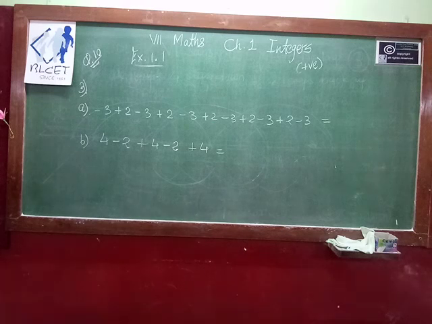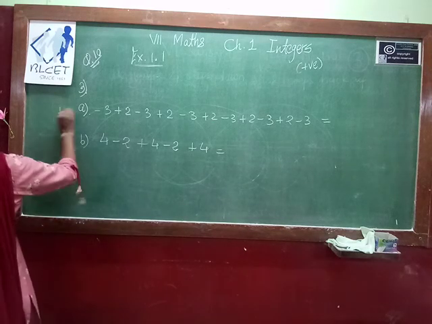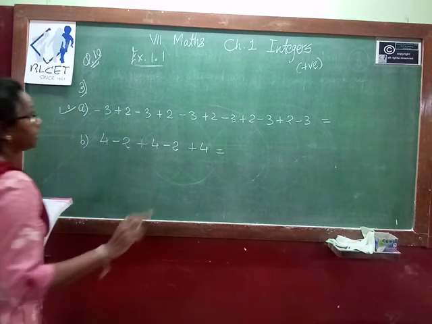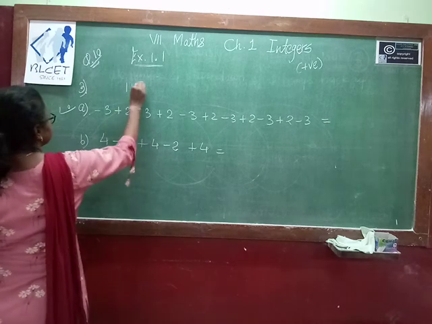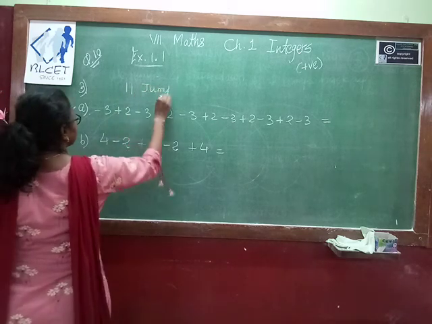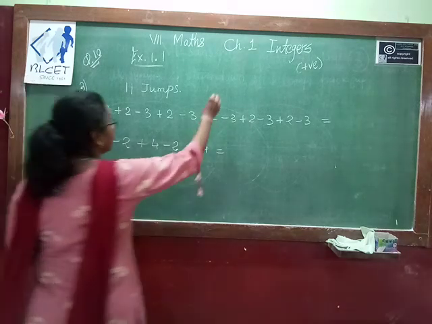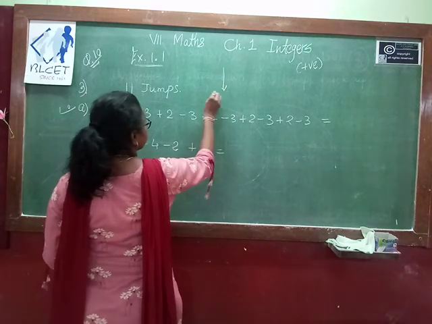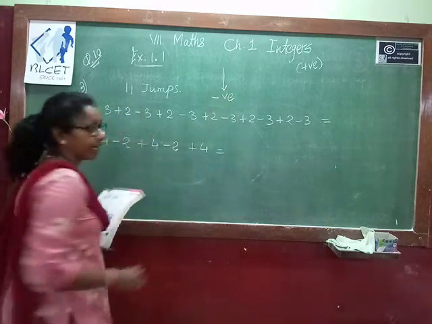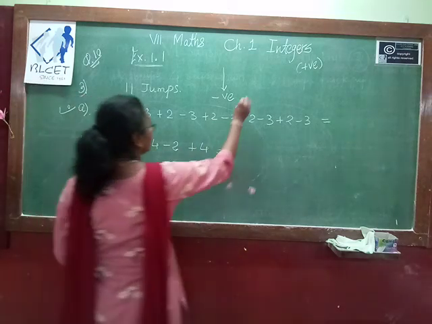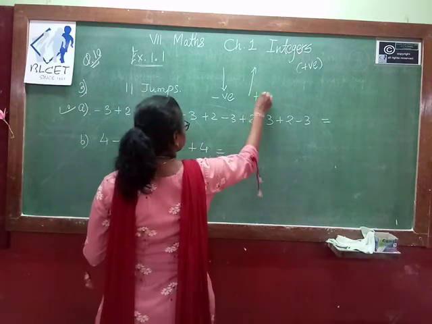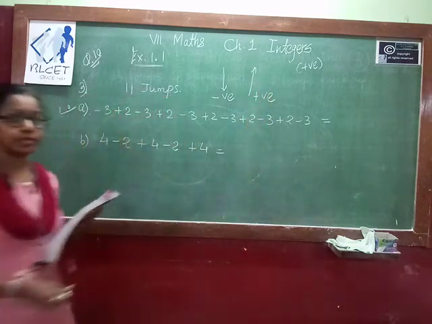Again I am reading the question. In the first question we completed the task after 11 jumps. The question says when you move down, that integer is represented by a negative sign, and when you move up, that integer is represented by a positive sign.